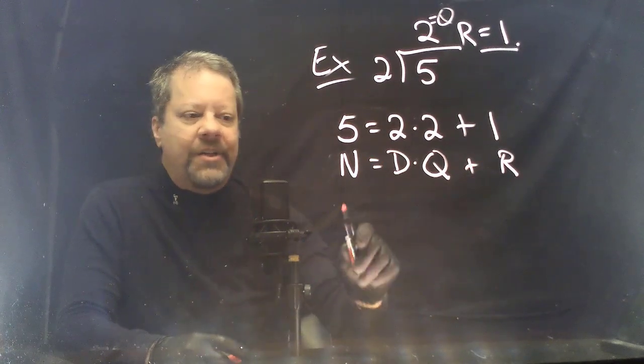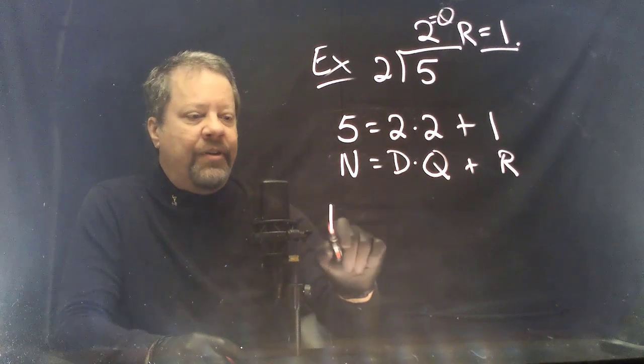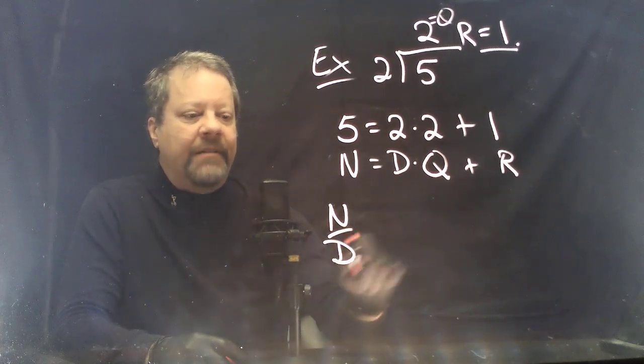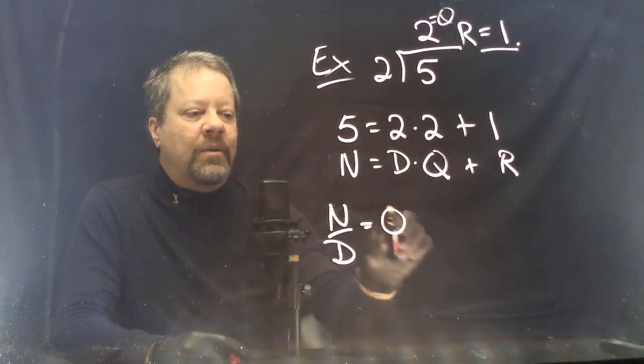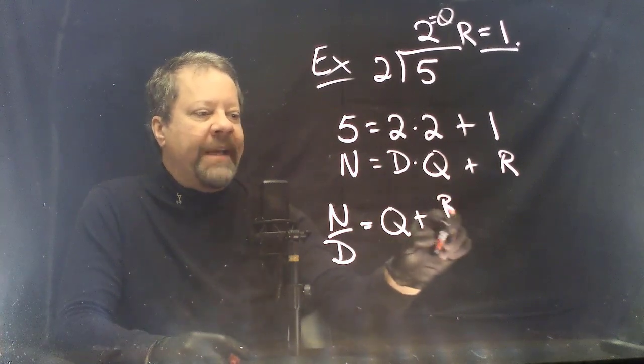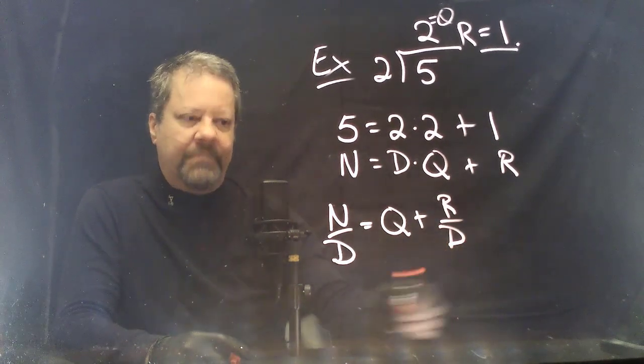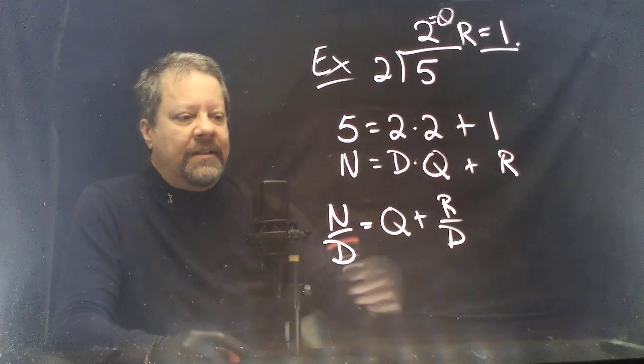And it looks like in general that if I have numerator divided by denominator, I'll get the quotient plus the remainder divided by the denominator. That's usually how we do divisions.